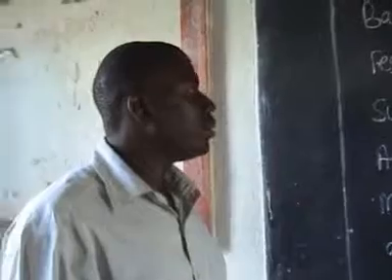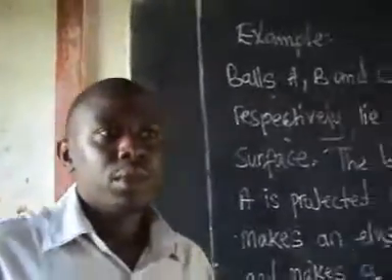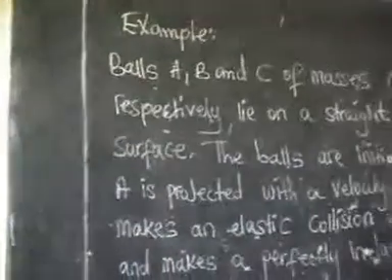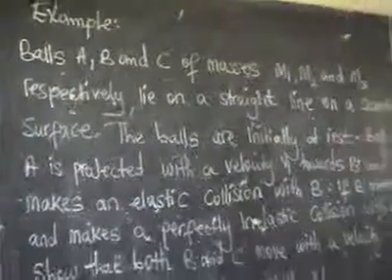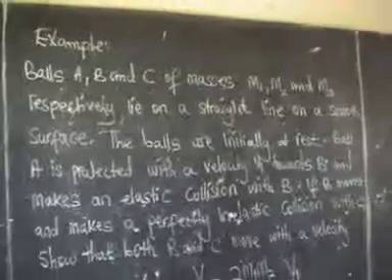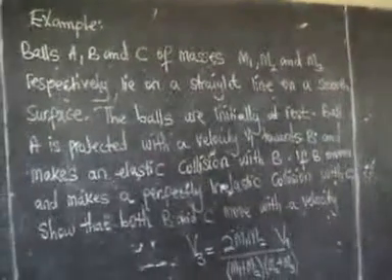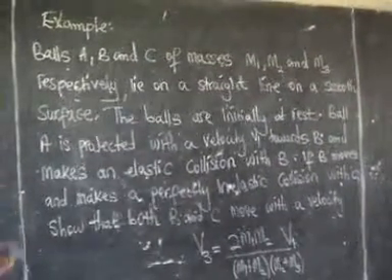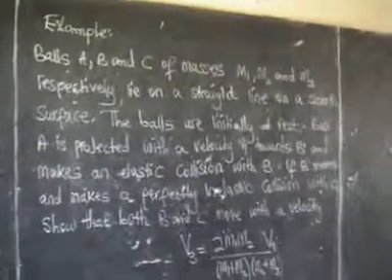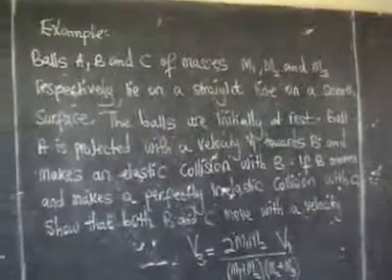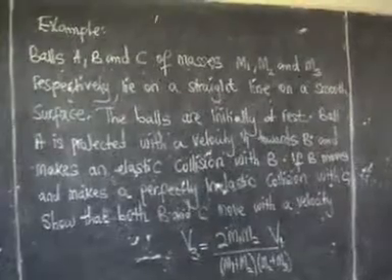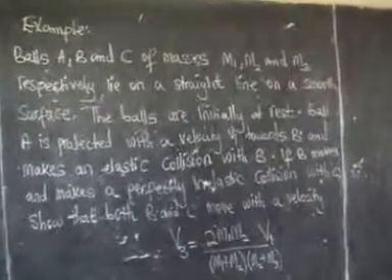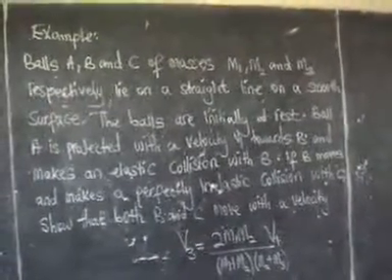It will require you to have both the knowledge of a perfectly elastic and perfectly inelastic collision, so it combines the two. Balls A, B, and C of masses M1, M2 and M3 respectively lie on a straight line on a smooth surface.